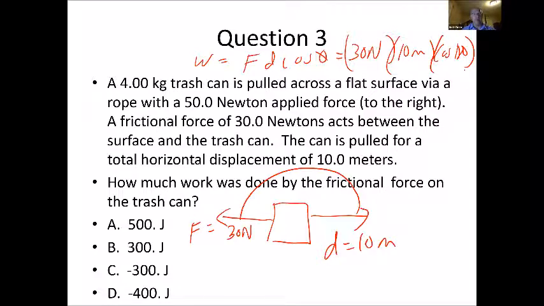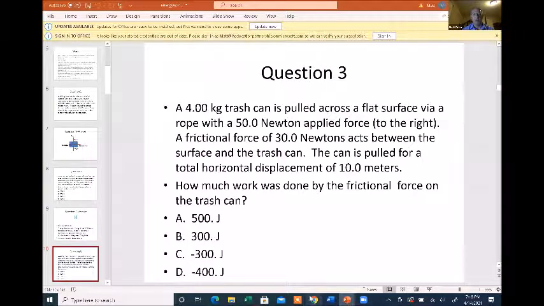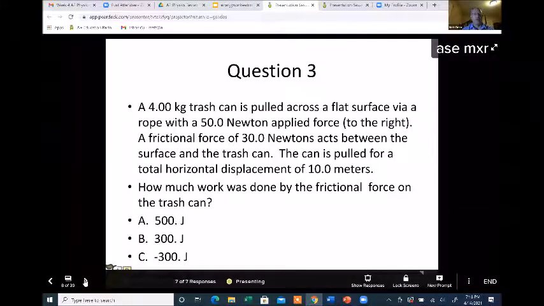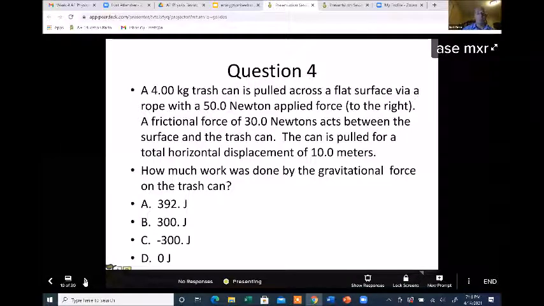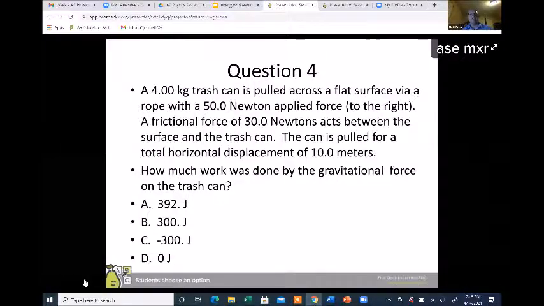All right, let's go back to Pear Deck, and look at question 4. Again, same prompt. This one should be pretty fast too. So go ahead and answer what you think the answer is to number 4.